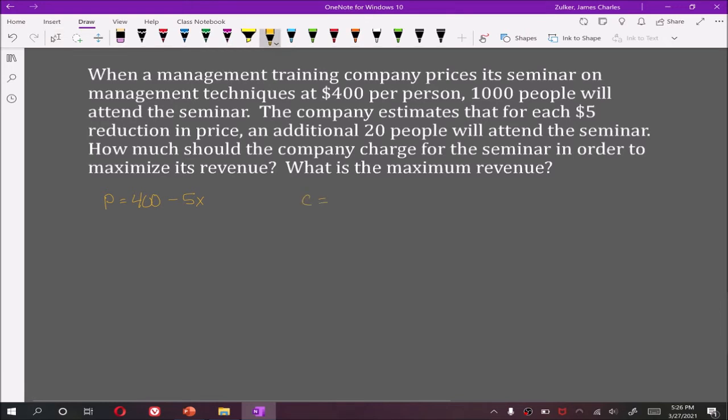Then those that attend, we'll call that C. Right? 1,000 people plus 20 times each $5 reduction. So X is the number of $5 reductions.